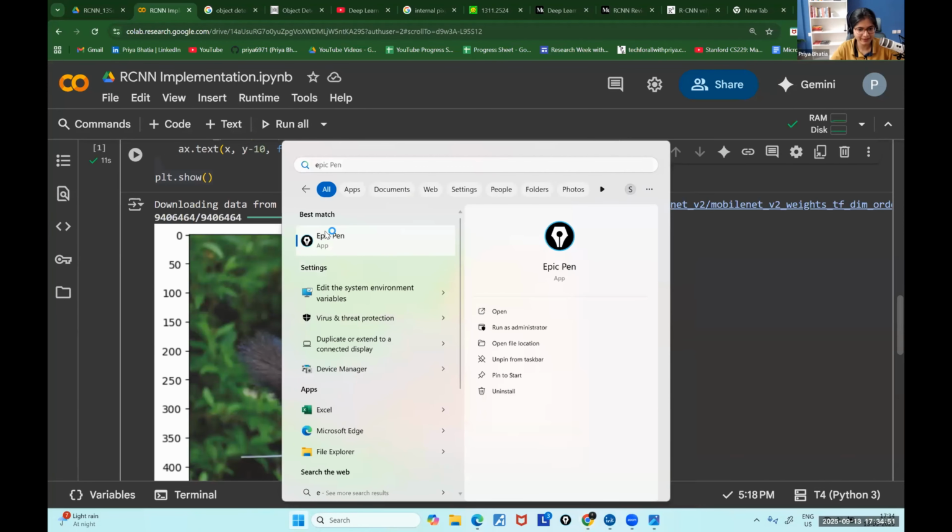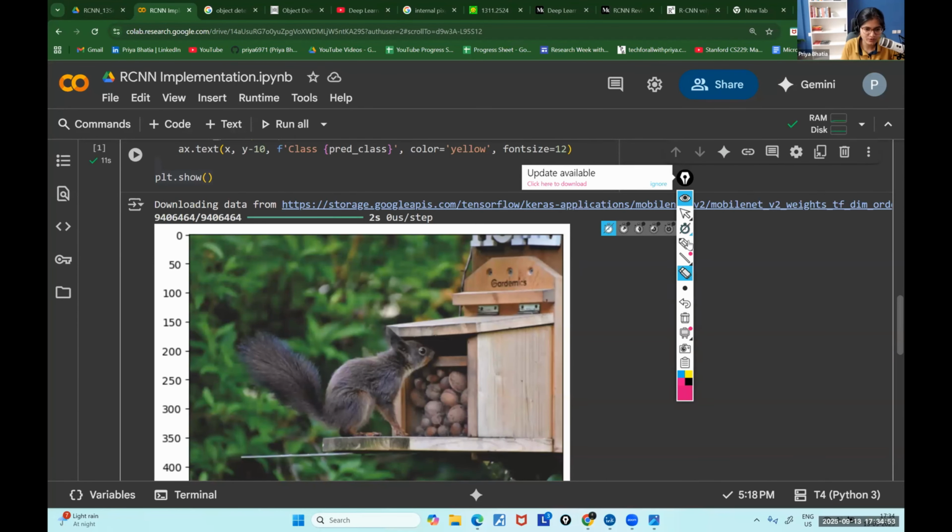If I open my Epic pen, you will be able to observe it is detecting this specific area as class 0, and this is also class 0, and this is simply class 1. This makes sense and this makes sense. Why is this a class 0? This is my question. Any guesses, anyone?